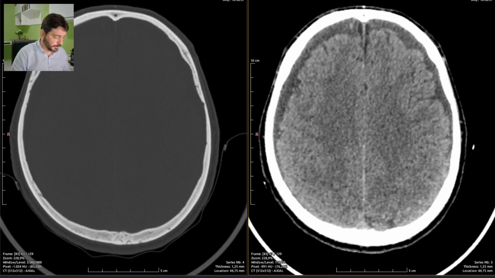Let's just describe it. Tiny areas of hypoattenuation on the deep white matter of the brain, especially on the frontal lobes. And now we have to describe the subdural collections, chronic collections.